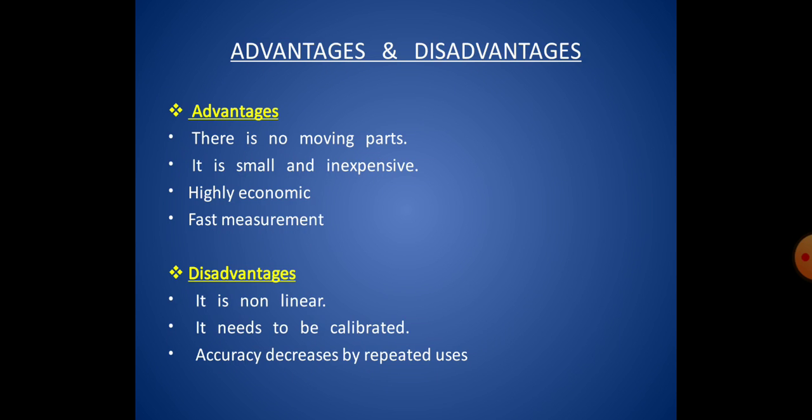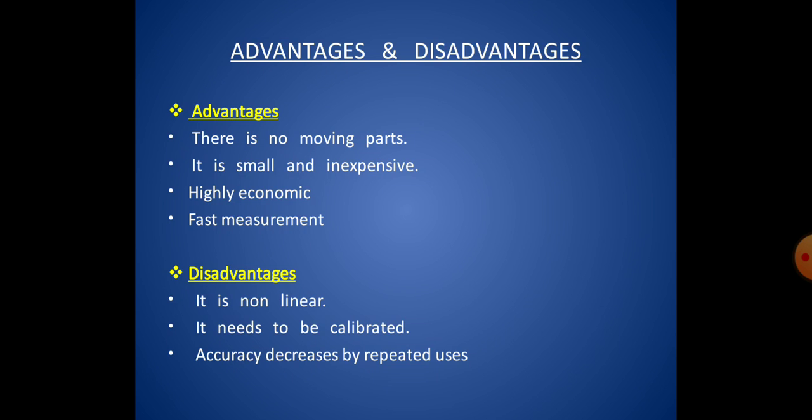The disadvantages are that it is non-linear, which is why the calculations for finding the strain are cumbersome. It needs to be calibrated because we get a resistance change, which should be converted into the deformation strain, so a calibrated scale should be there.